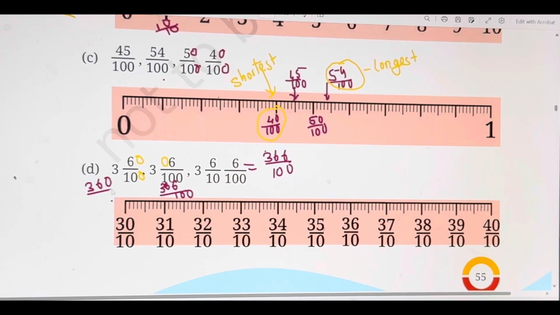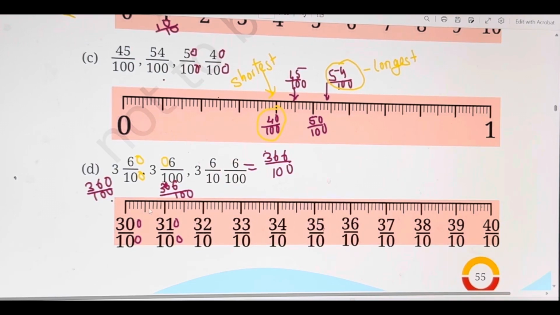Right? All we have converted into hundredth form, though they have given this in 10th form. Now let us see, this is 30 upon 10, that is 300 upon 100. It's 310 upon 100.